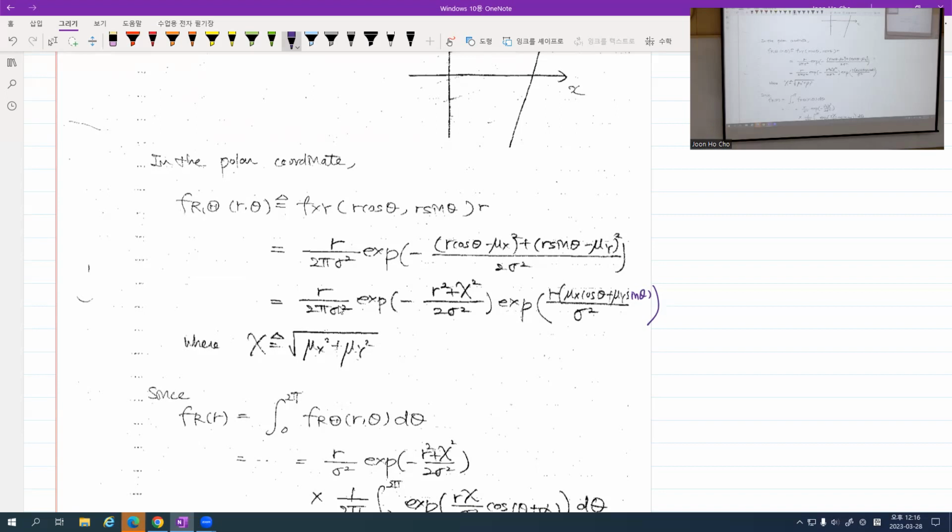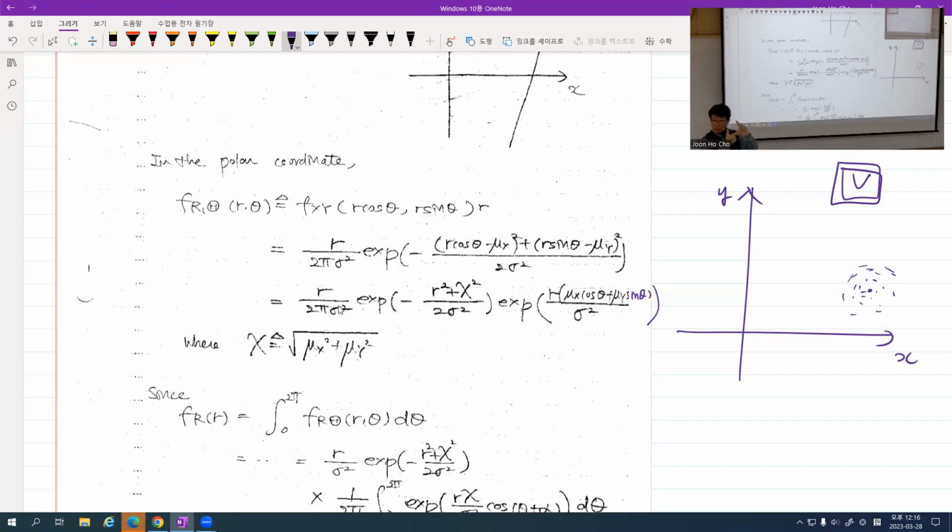And that is actually very easy to expect, because suppose this is the mean. Whenever you want to visualize a random vector, you start from a scatter plot. Then you have some points around here if the variance of x and y is very small.